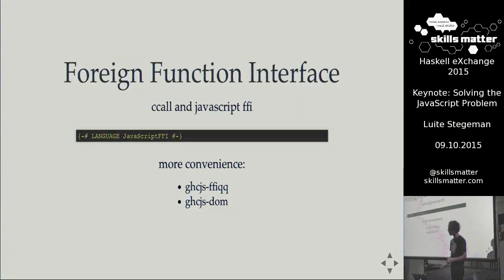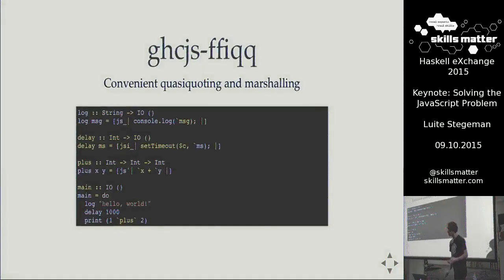There are higher-level things like ghcjs-ffiqq, which is a quasi-quoter for the foreign function interface that's a bit more convenient, and ghcjs-dom, which is a library for writing cross-platform programs. The quasi-quoter is really convenient. You can just write your JavaScript expression quasi-quoted.